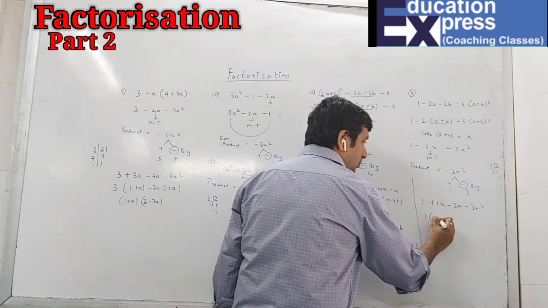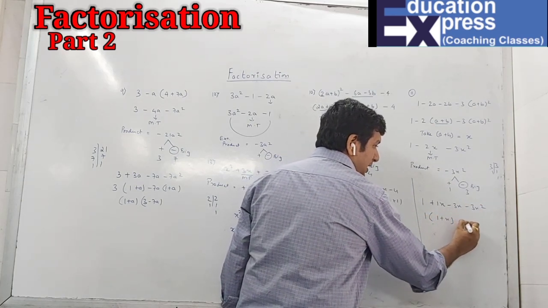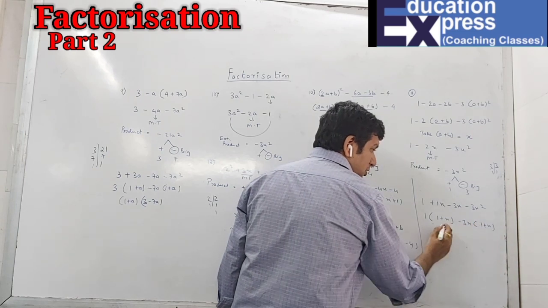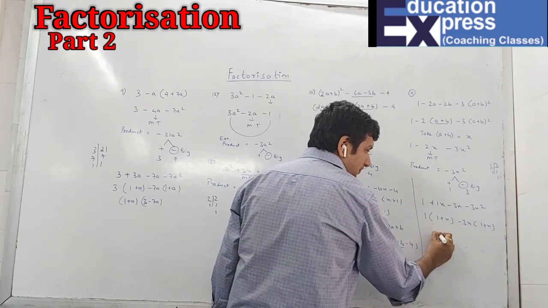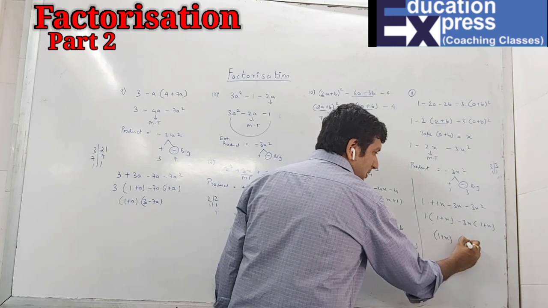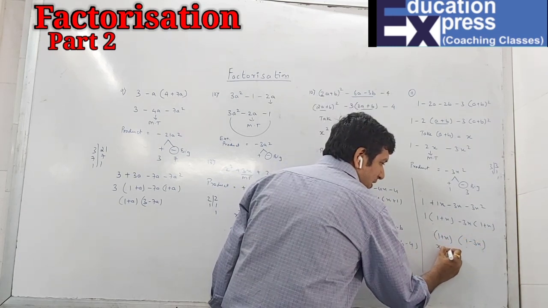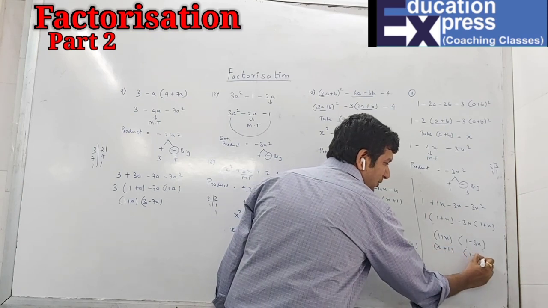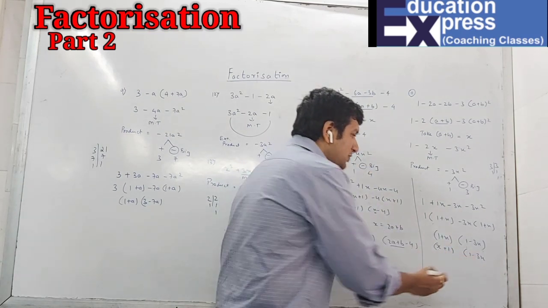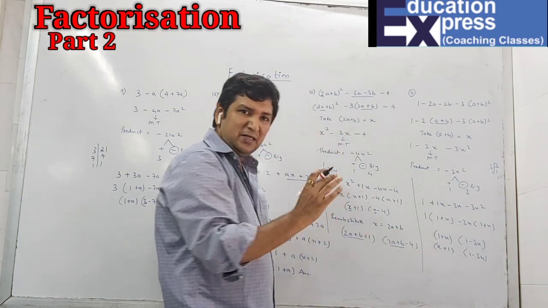So 1 common, 1 plus x, minus 3x common, 1 plus x. So you get 1 plus x, which is also x plus 1. 1 plus x, 1 minus 3x. So that is nothing but x plus 1, and here I write the same thing because x is negative, no? So obviously you have to always start with the positive, the 1 minus 3x.